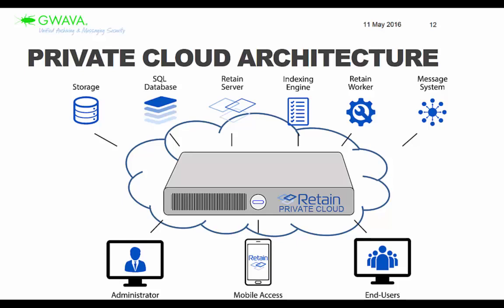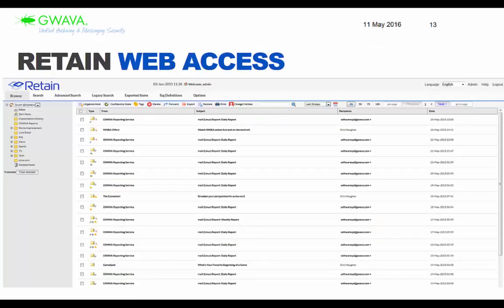The administrators can access it, there's mobile access, and the end users can access the Retain archive, and there's the other pieces of the Retain system: the storage, the database, the server, the indexing engine, the worker, and the message system. But this is a view of the architecture. The point that I want to hit home is that Retain does use that private cloud, so your data doesn't mingle with others' data.